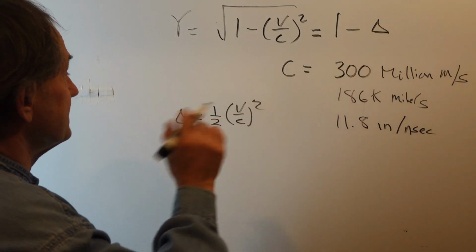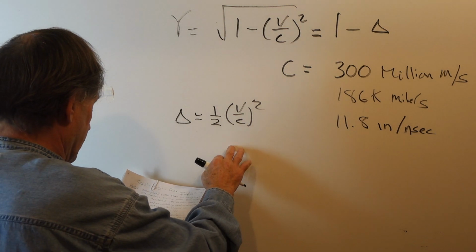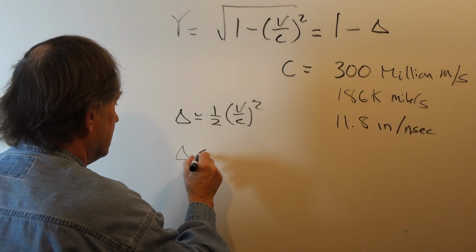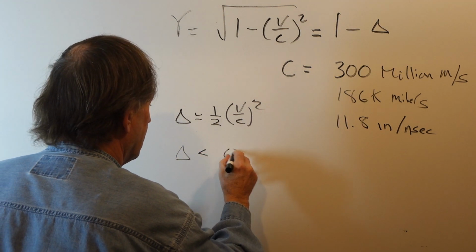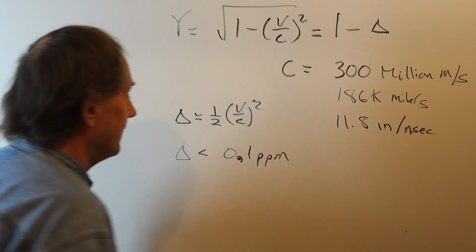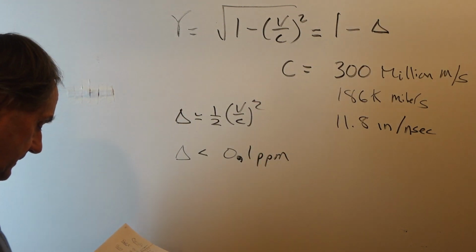Well, let's first see what we want to do. We want to have our delta, the deviation, to be less than 0.1 part per million. That is 1 out of 10 million.